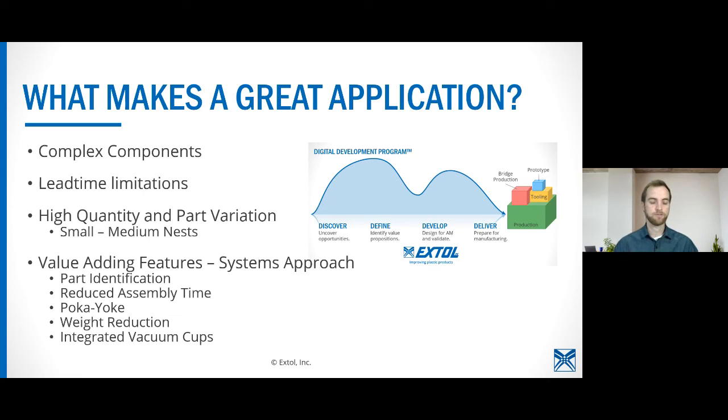Poke yoke to make that smoother. Weight reduction, integrated vacuum cups. I'm anxious to talk with you and explore your application and what we can find value to put into these printed parts.